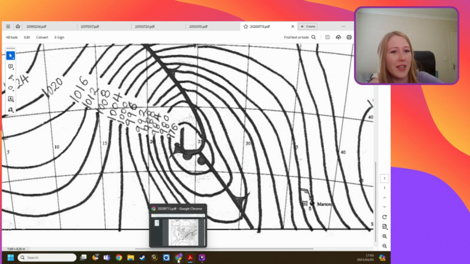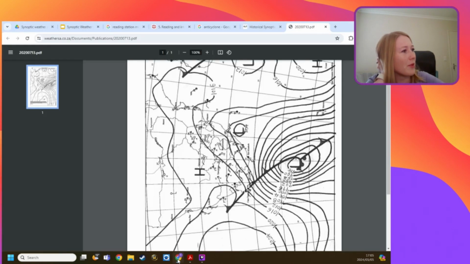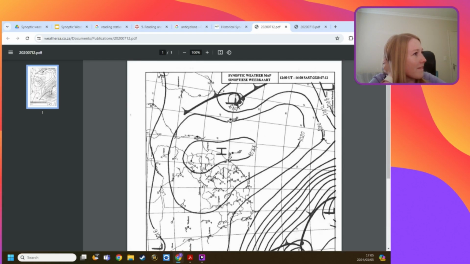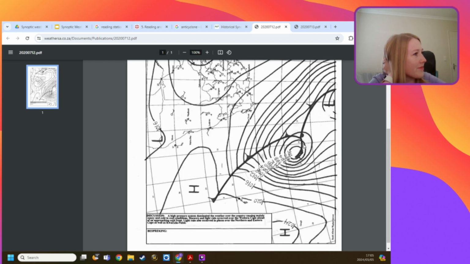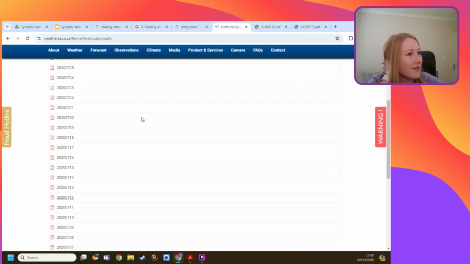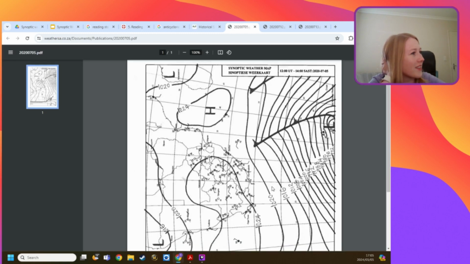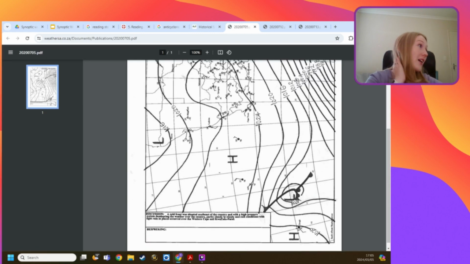Let me see if I have another map that isn't being hijacked by a second storm. No, no. Hey, that one kind of works. Let's take that one.